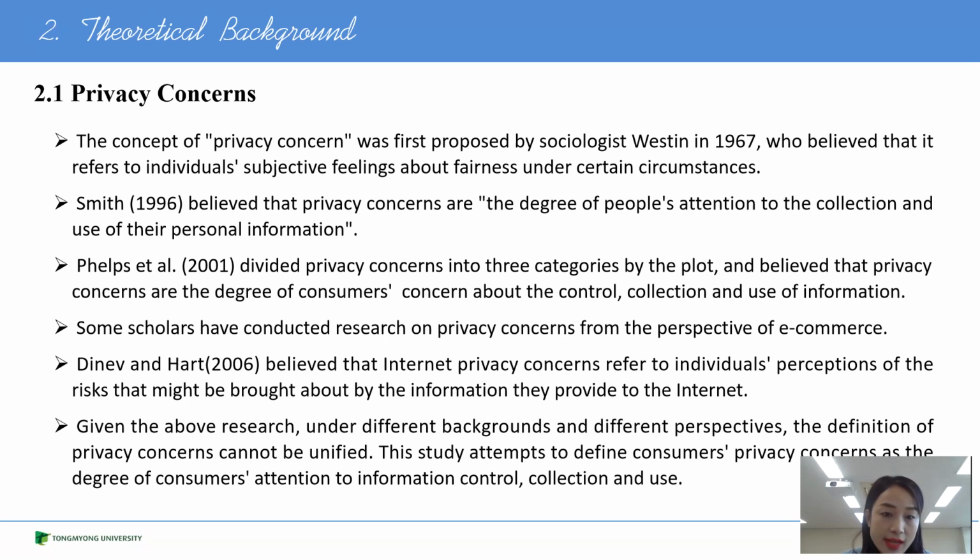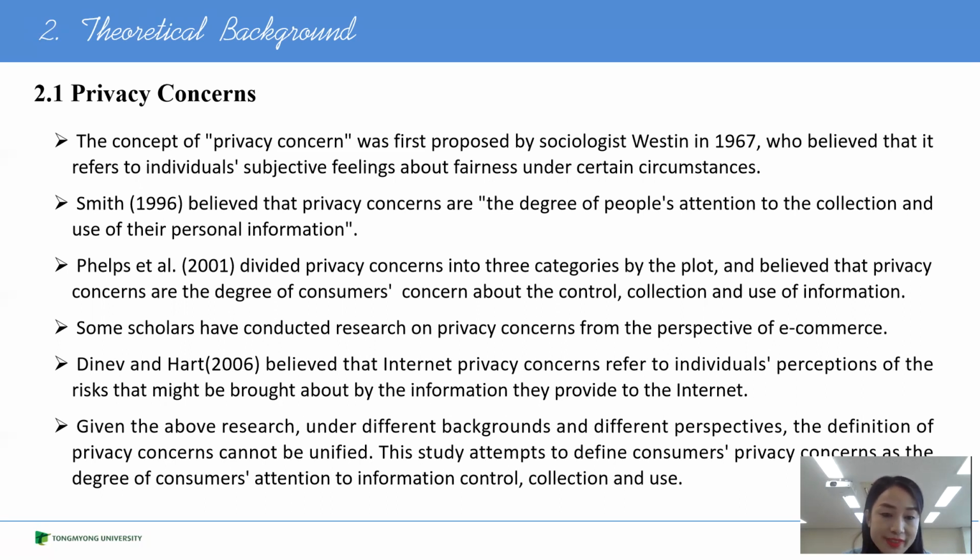Some scholars have conducted research on privacy concerns from the perspective of e-commerce. Dinev and Hart, believe that internet privacy concerns refer to individuals' perceptions of the risks that might be brought about by the information they provide to the internet.